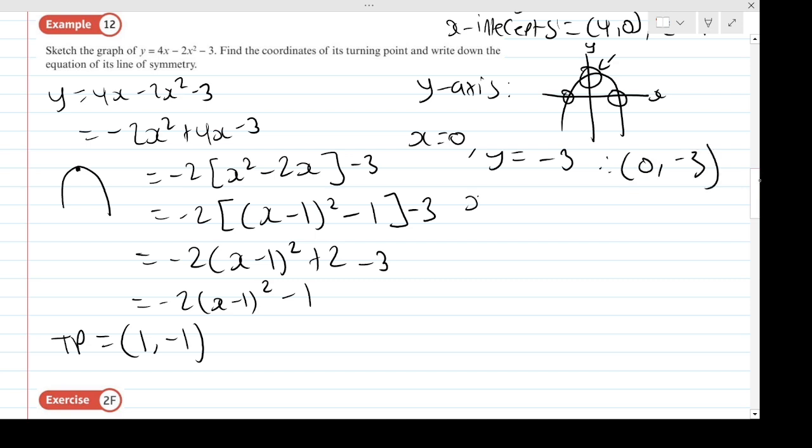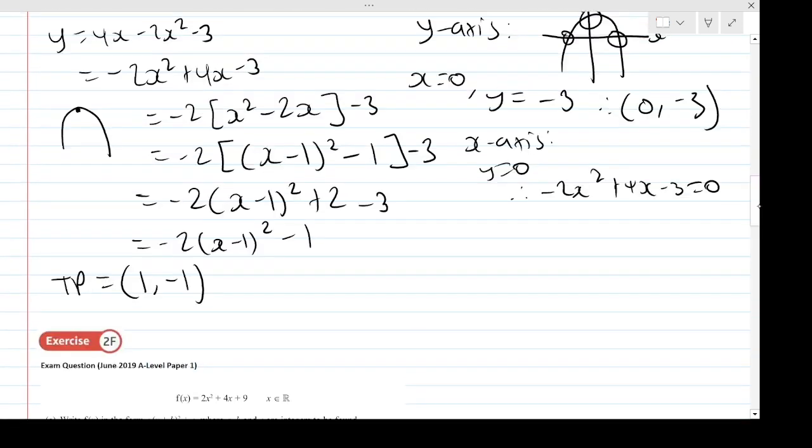Then the x-axis intersection is when y is 0. Therefore, minus 2x squared plus 4x minus 3 has to equal 0. And then we can solve. Let's use the quadratic formula, just to be lazy, because I don't want to complete the square or factorize.